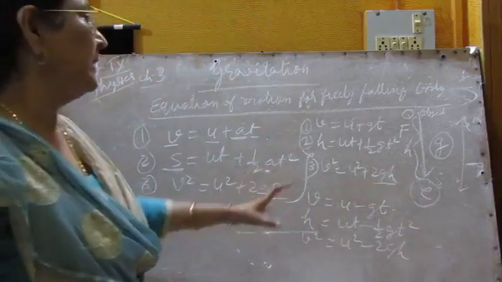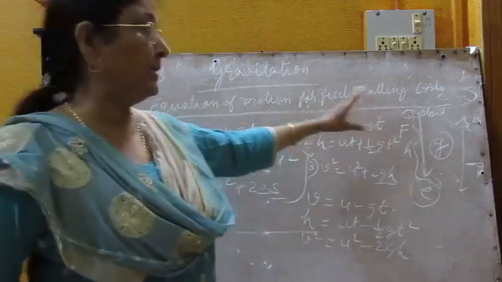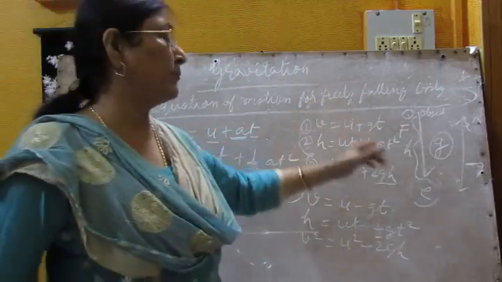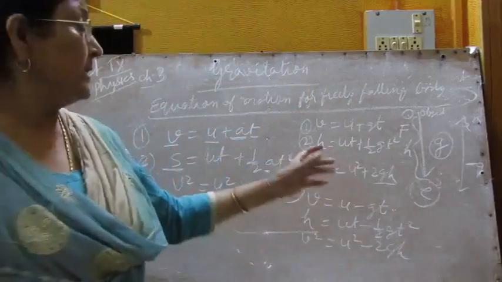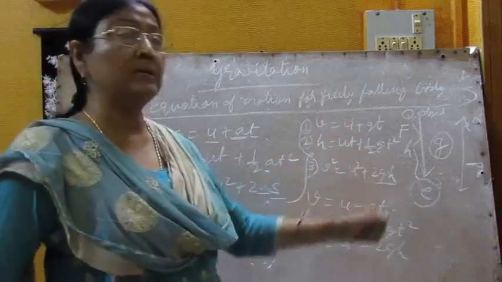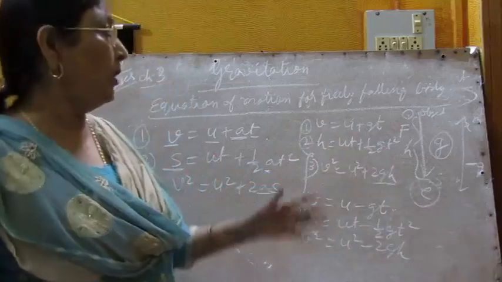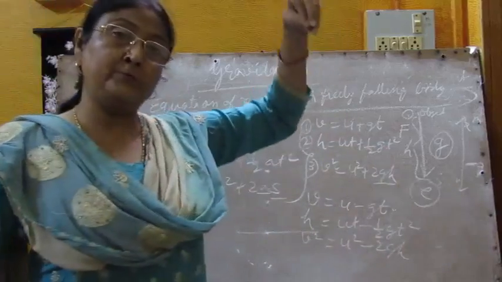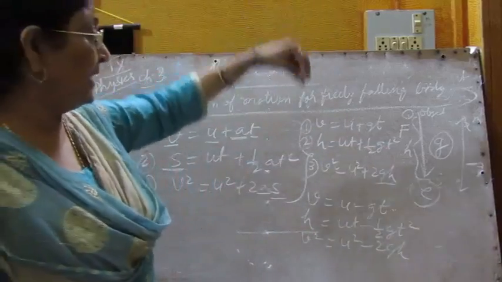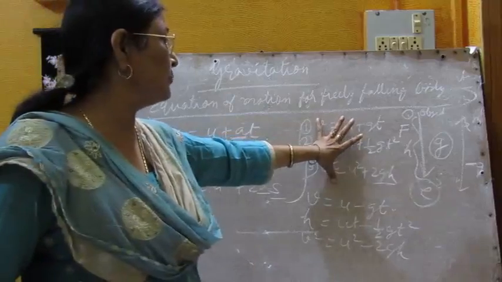So when you get numerical problems, you have to see whether the object is being dropped from a height, and then you utilize the earlier equations.